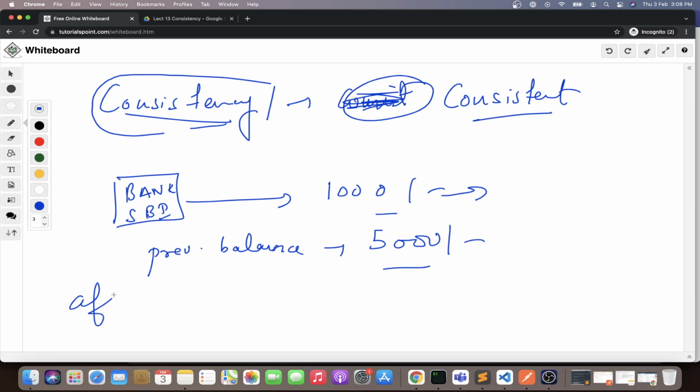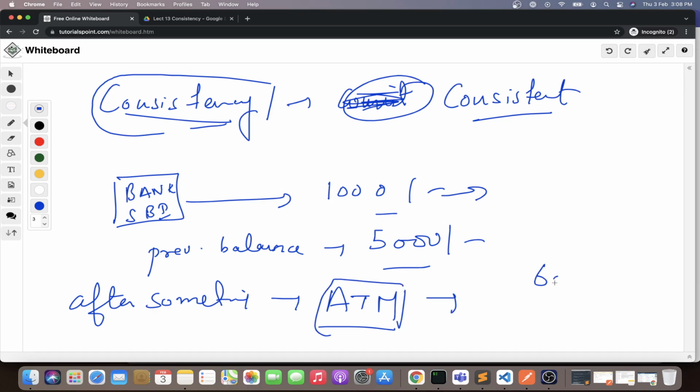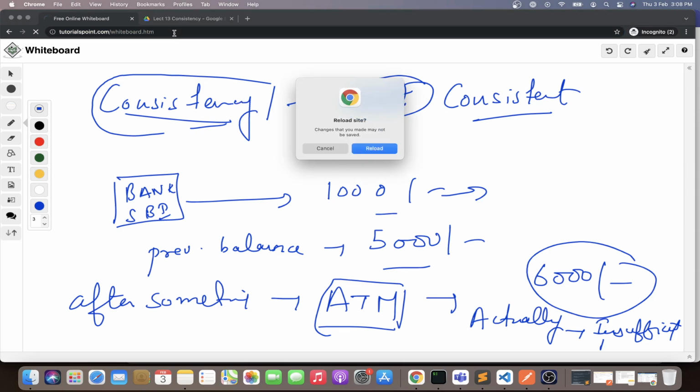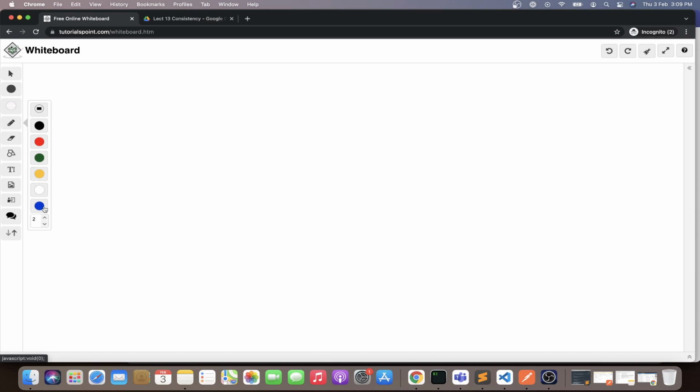But after some time, probably the next day, we revisit the ATM machine nearest to our house and we try to withdraw 6,000 rupees. But actually, what happens is that we find that an insufficient balance message pops up. We directly go to the technical assistants or the staff of the bank and say that I deposited 1,000 rupees yesterday and today I'm not able to withdraw it.